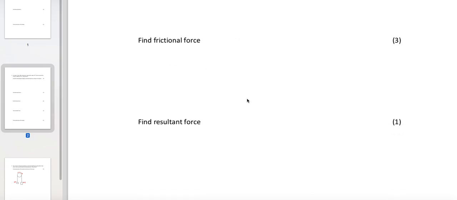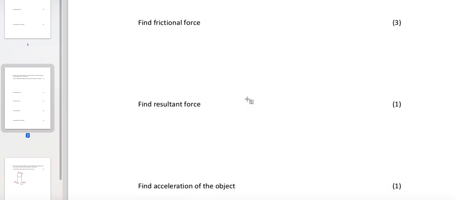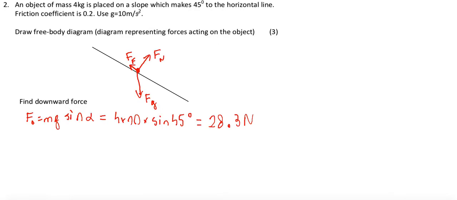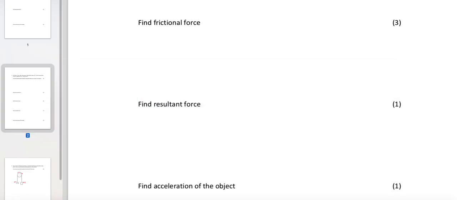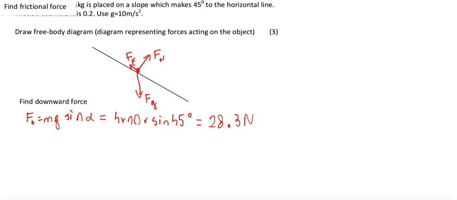Find frictional force. This is the third question. Frictional force, of course, is normal reaction force multiplied by friction coefficient.